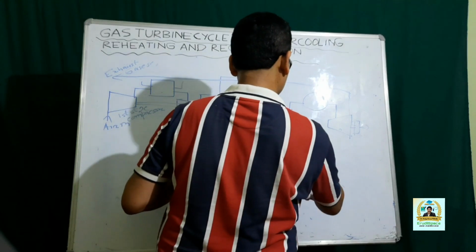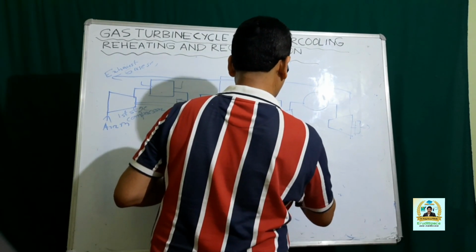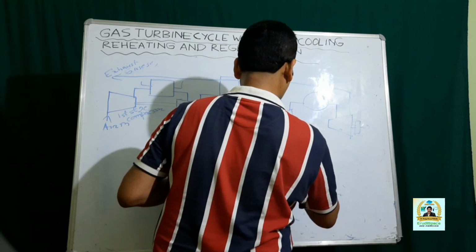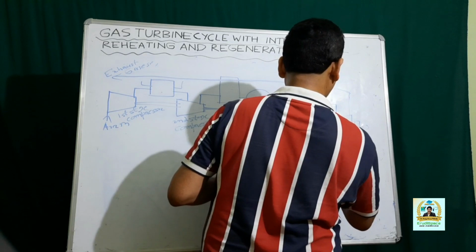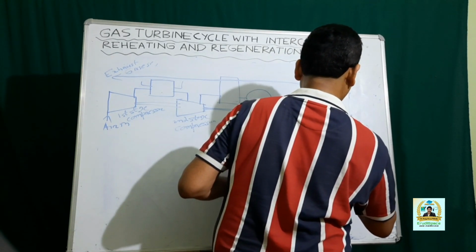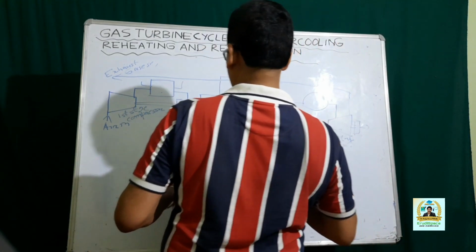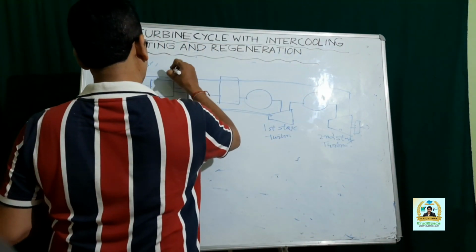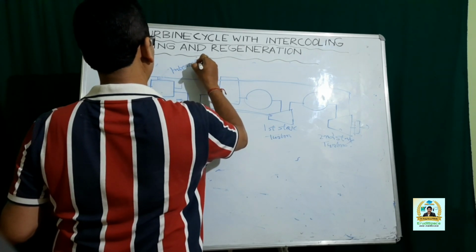This one is the first stage turbine. This one is your second stage turbine. This one is your intercooler.